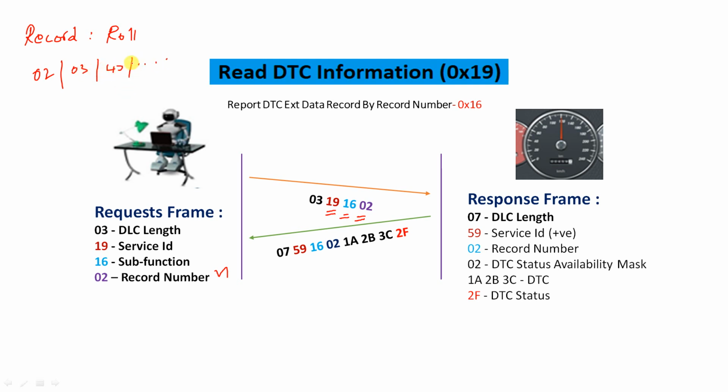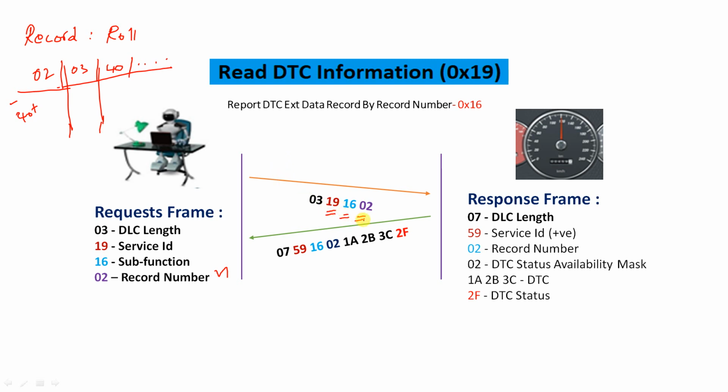In 02, the developers may have a few DTCs, maybe 40 DTCs in this particular record. This group may also have some sense, maybe a similar set of DTCs or a grouping of DTCs. It depends.